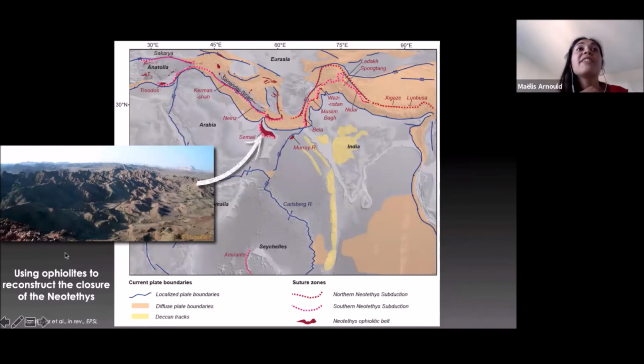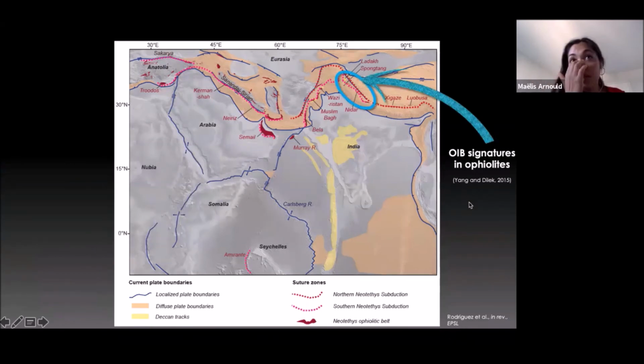These ophiolites result from the obduction of oceanic lithosphere, and they are now spread over 6,000 kilometers along the suture zone of the Neo-Tethys. They contain precious information on the closure of the Neo-Tethys Ocean and the characteristics of its oceanic lithosphere, because some ophiolites contain a strong OIB geochemical signal, which is normally associated with the presence of a mantle plume.